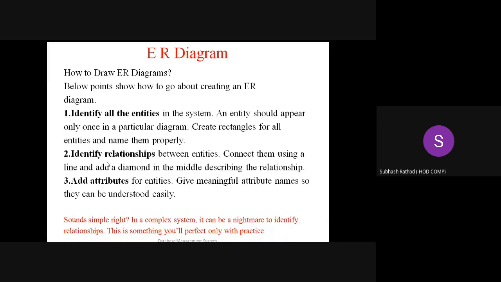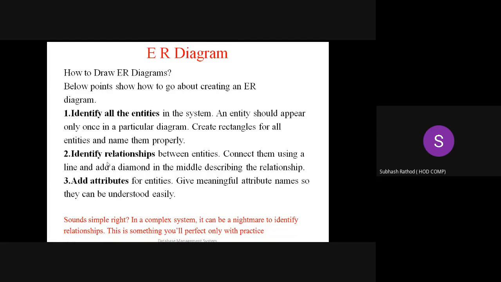What is the third step? Add attributes for the entities and give meaningful names to the attributes so that they can be understood easily. As we know, an entity is identified by certain properties, and those properties are nothing but attributes. It means each entity has its own attributes.